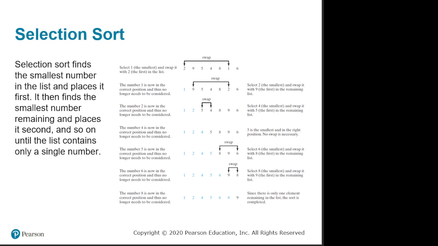Now we have to change our current minimum, because our current minimum is going to be the jth element, and we have to update our index to be the jth element. So we assume the first thing in our list is the smallest thing, and we search through the rest of the list to see if it really is the smallest.